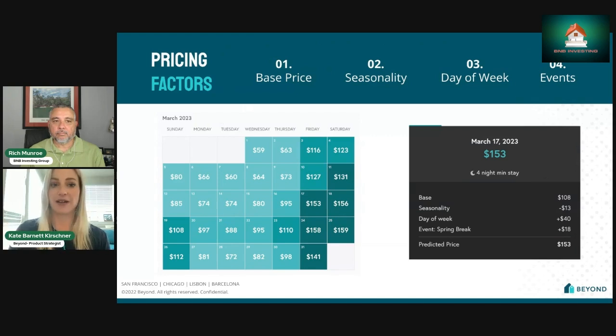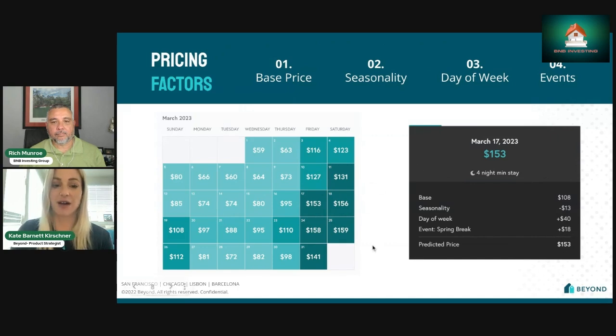Then we have several factors that layer into that. So seasonality, March in this example is not high season, not low season, kind of sort of shoulder season. However, March 17th here is a Friday, which is a higher demand day. So there's an increase to account for that additional demand. And then it's also spring break. So there's an event factor here, adding another $18 for that predicted price of $153.